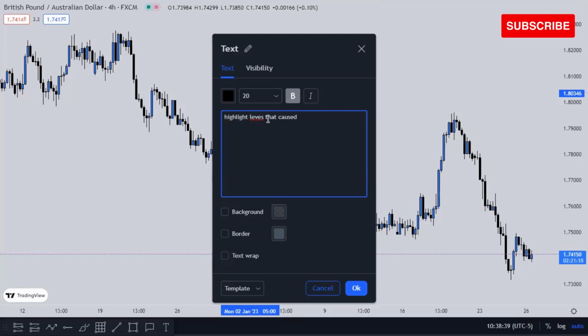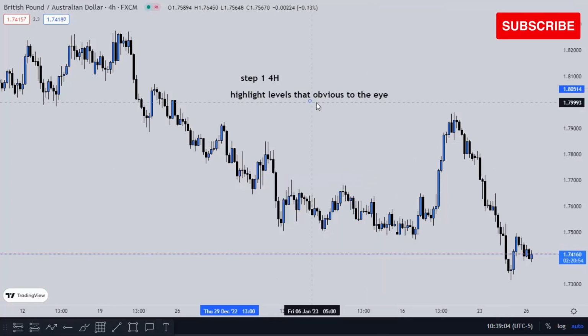We highlight levels. Sorry guys, we highlight levels that are obvious. You can put obvious to the eyes, or clear to the eyes, or I don't know what to put here, guys. Obvious to the eyes. Okay, this is step two.